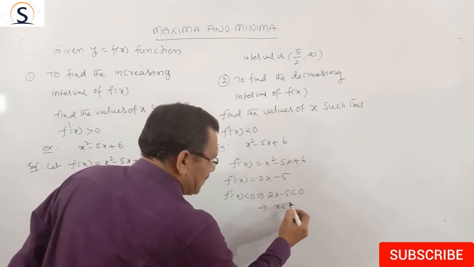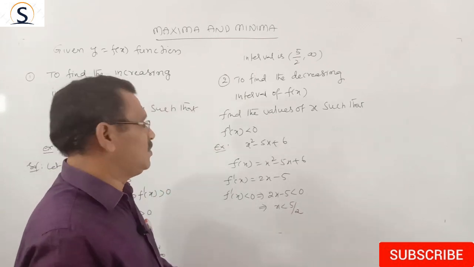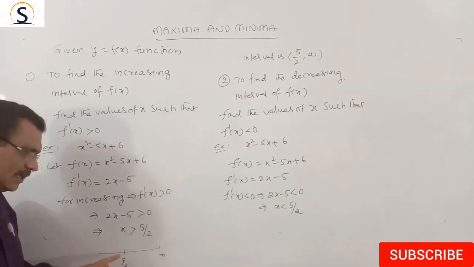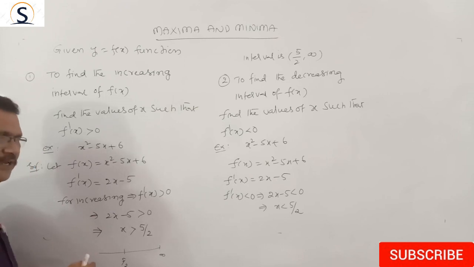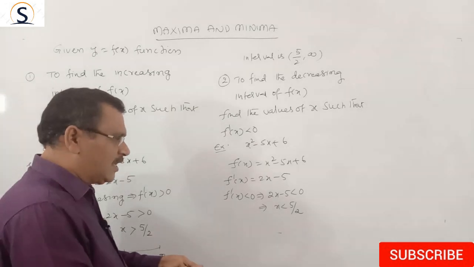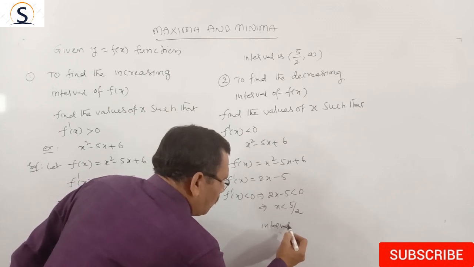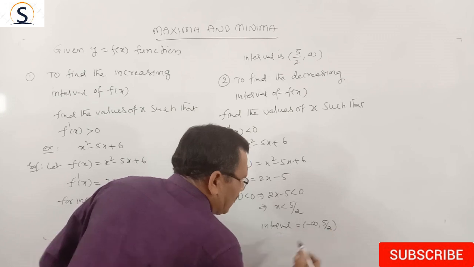This is x less than 5 by 2. For values less than 5 by 2, this function is decreasing. Observe this on the real line. Less than 5 by 2 means down to minus infinity. Therefore, you can write the interval as minus infinity comma 5 by 2.